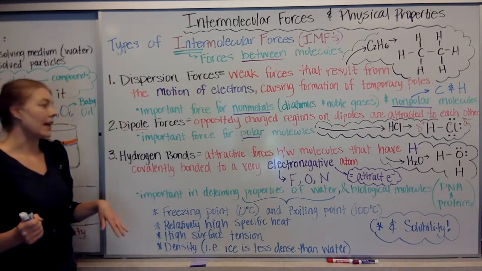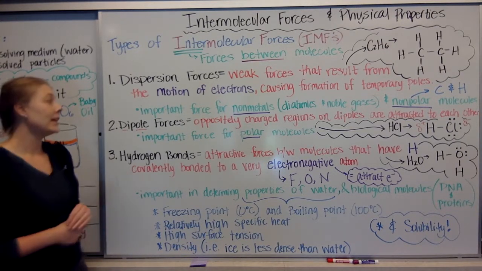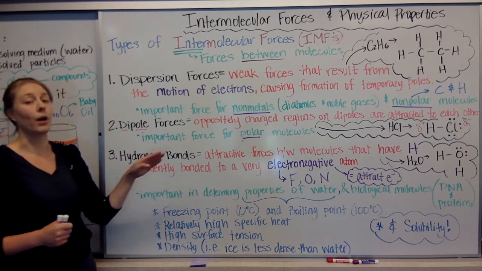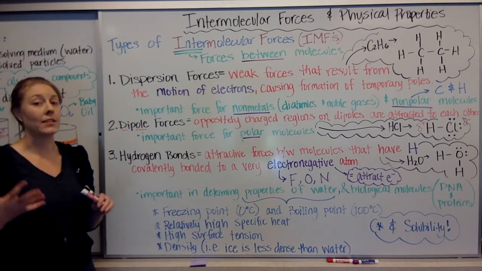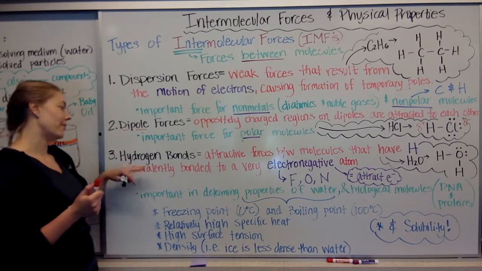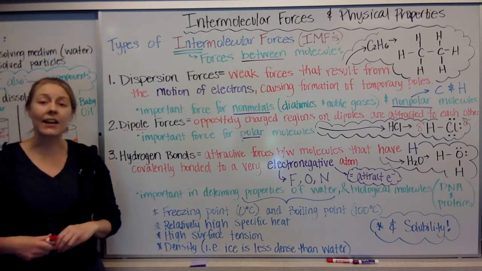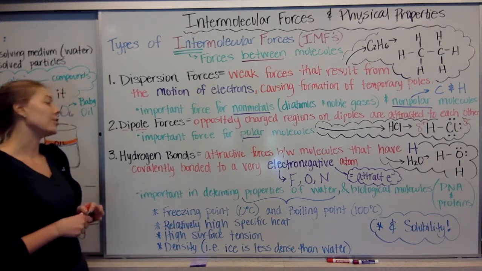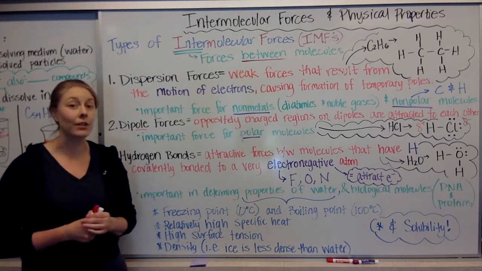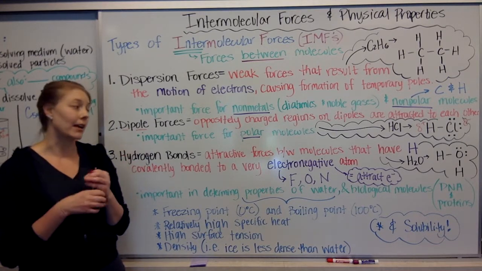All right, now, the third type of force that we have is a pretty strong force. This is hydrogen bonds. These are very attractive forces, but they're only between molecules that have, you guessed it, hydrogen, okay? They have to have hydrogen, and that hydrogen is bonded typically to very electronegative atoms, okay? Now remember, electronegative means that they really want electrons, they're really attracted to electrons.